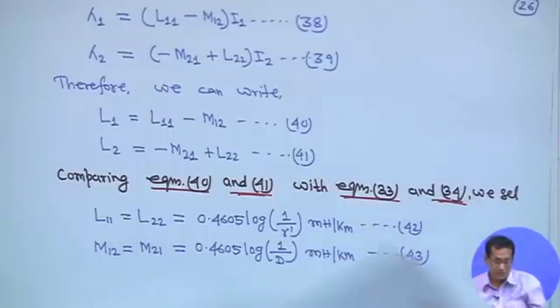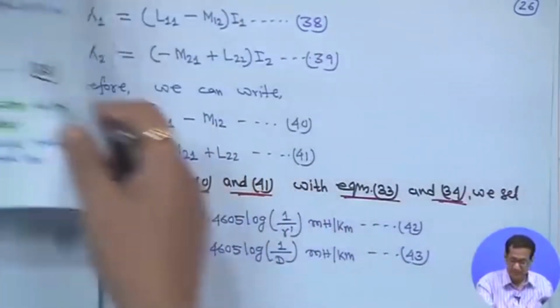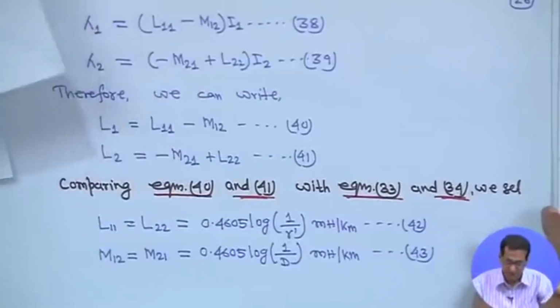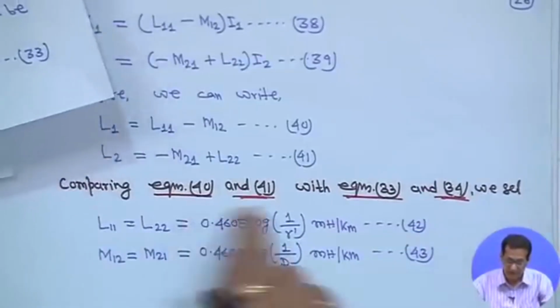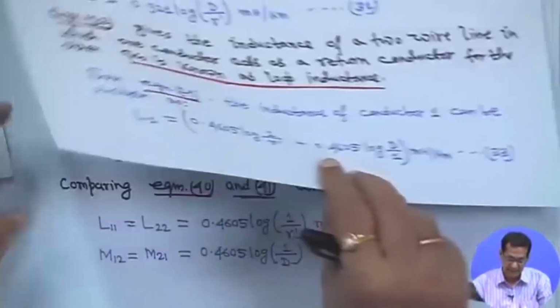So, this equation 40, you compare with equation 33, right. If you compare your equation 40 with 33, so this is your equation 33.